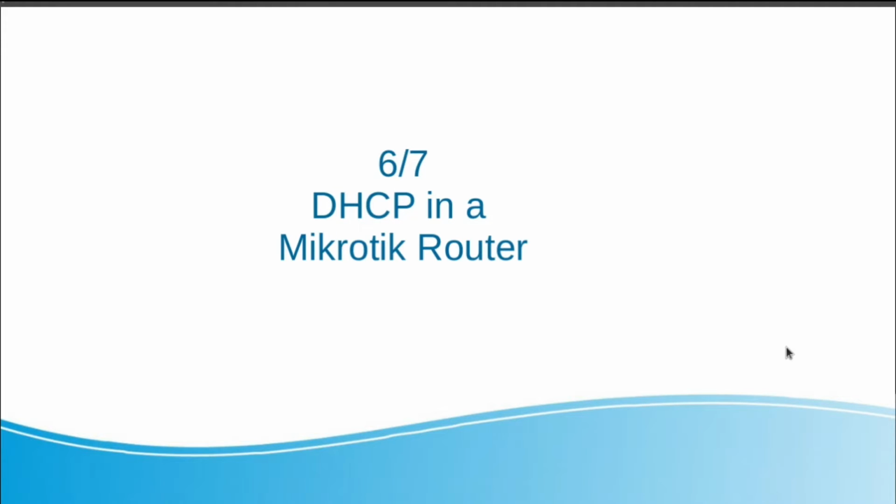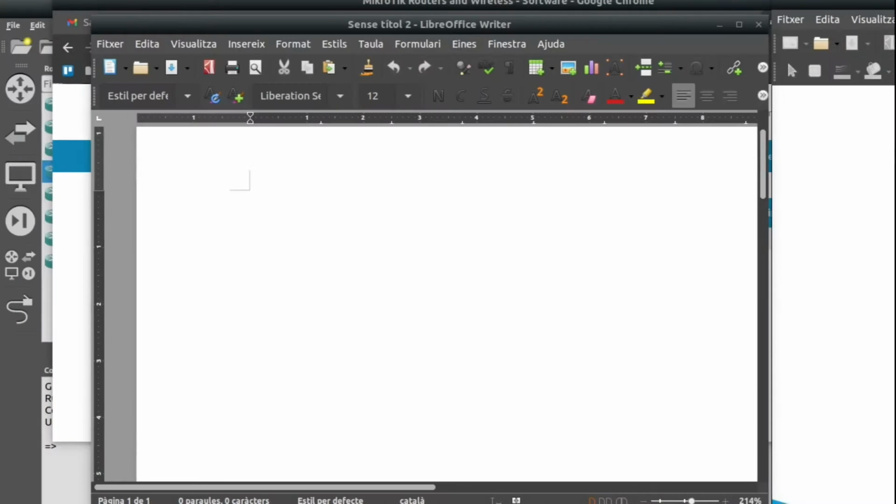So you know that DHCP is a protocol that allows you to automatically provide the IP information needed to set up a network. And what's the needed information for the DHCP protocol? First, we have to define our network address.